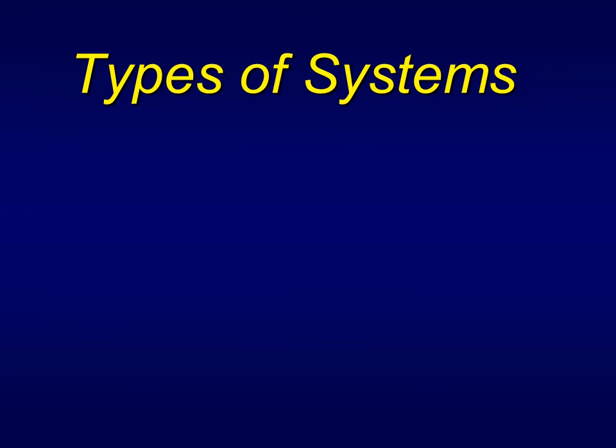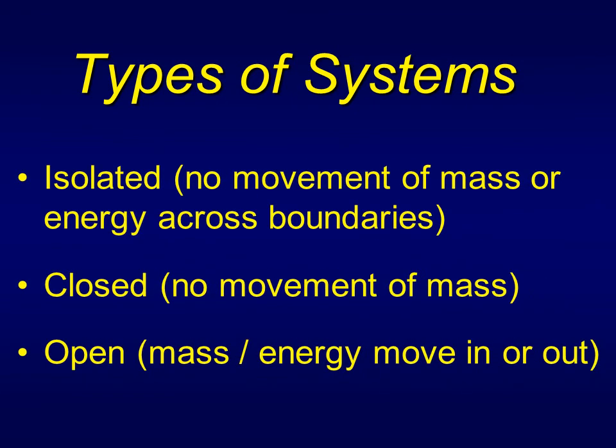Again, we reviewed in this module, we looked at types of systems. We looked at isolated, where there's no movement of mass or energy across the boundary. We looked at closed systems where there's no movement of mass. And we haven't looked at, but we defined what an open system is. Mass and energy can move in or out of the system. And we'll get to that in a later module.